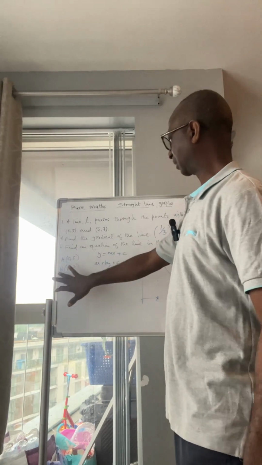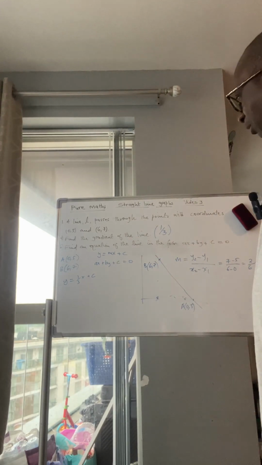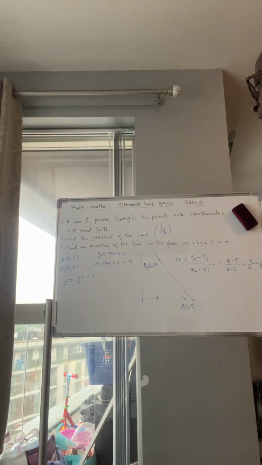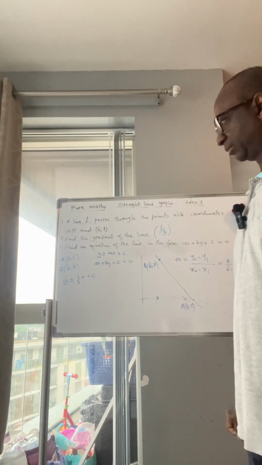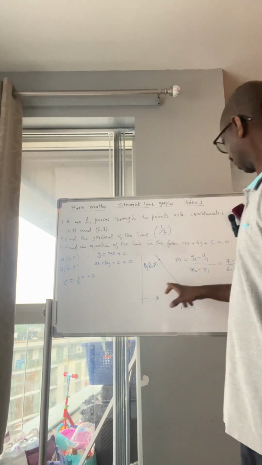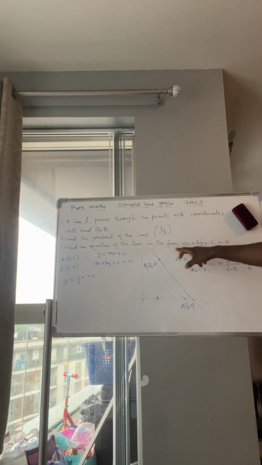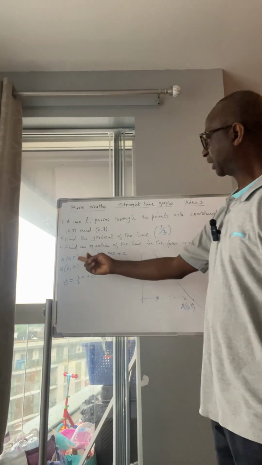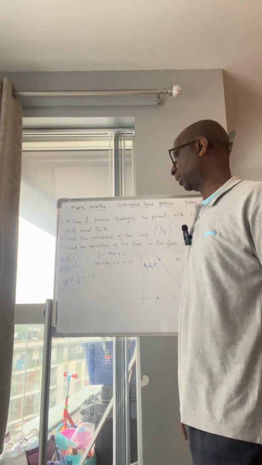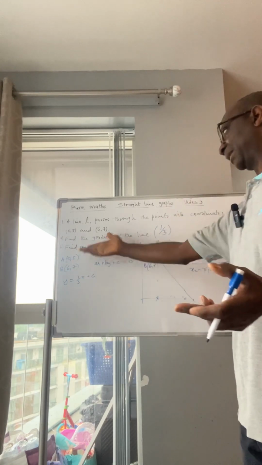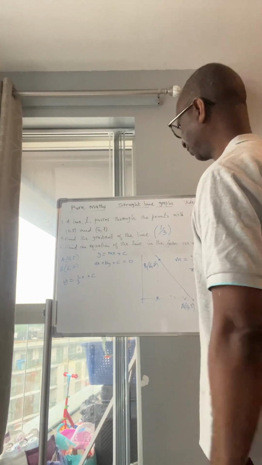You are given the coordinates of 2 points of the line. You can use any one of them to find this constant c. You only need the value of this constant for you to be able to express the equation in this form. So if we take the first one here, because the line passes through this point, it also passes through this point. So let's say we take the bottom point there, 0,5.